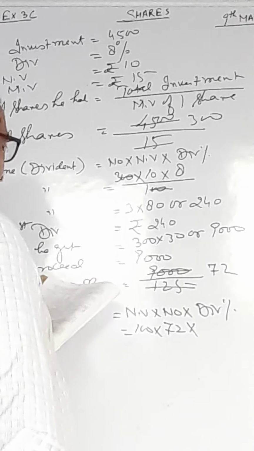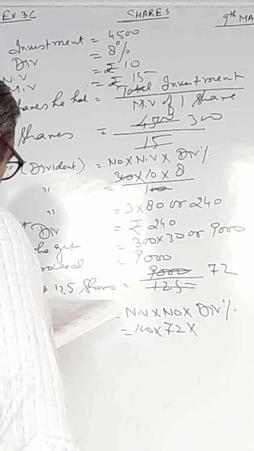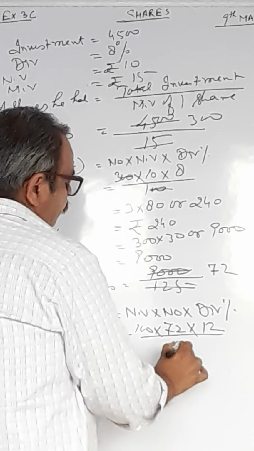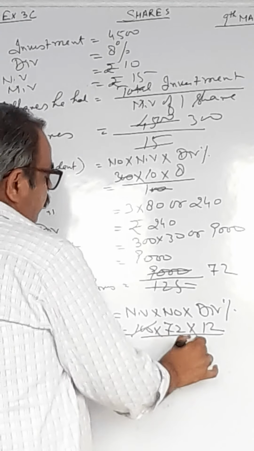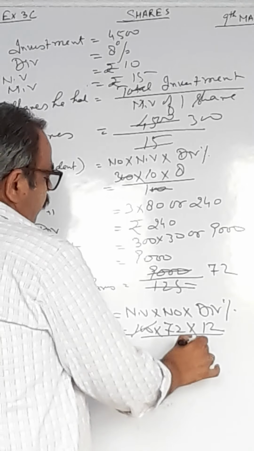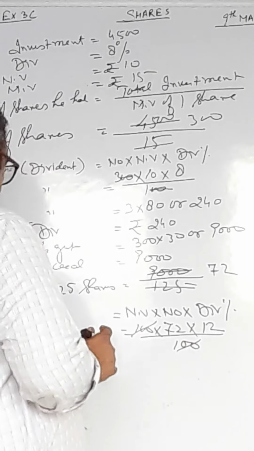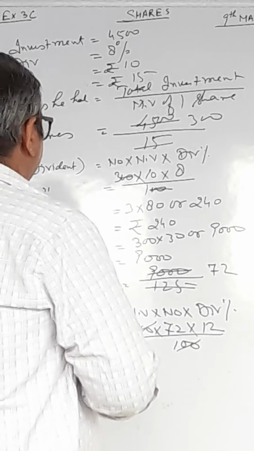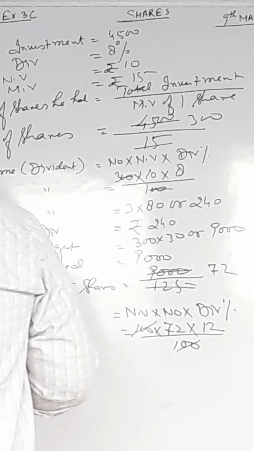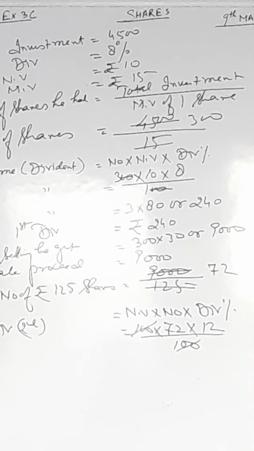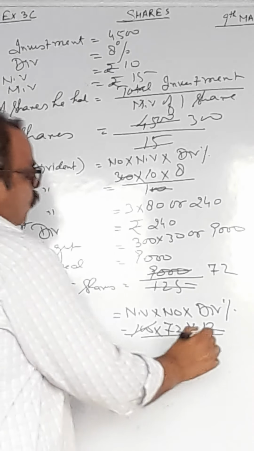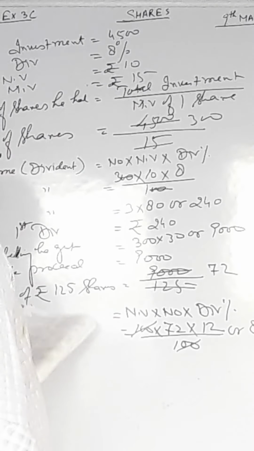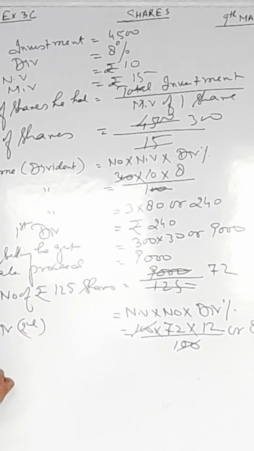Dividend percent is 12%, 12 upon 100. 72 into 12. This much money you will get. 72 into 12 is 864.